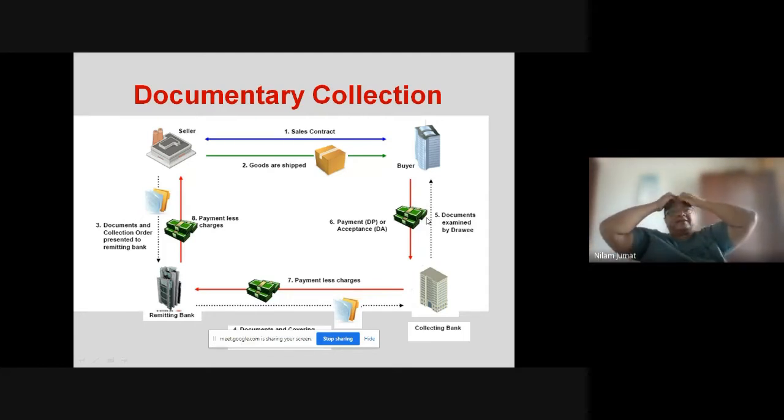You saw the risk. Even under documents against payment or even documentary on a DA basis evaluation, still the prime factor remains: is the importer willing to accept the goods? That risk is there. You understand?